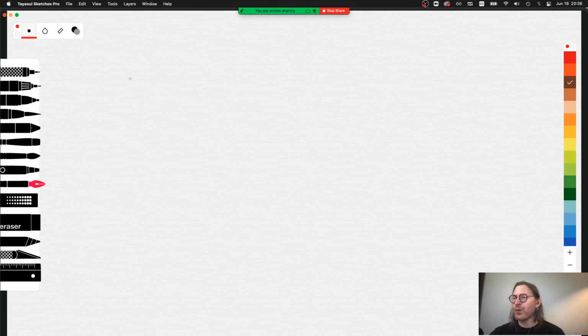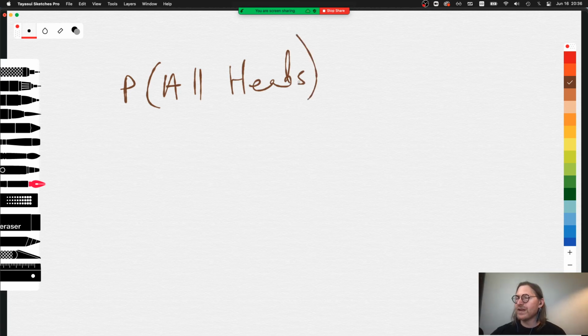If we're talking about the probability of all heads, or let's say we have a sequence of events where we can just take the probabilities of each of those points in the sequence, we can just multiply all those together to get the probability of those occurring in sequence.